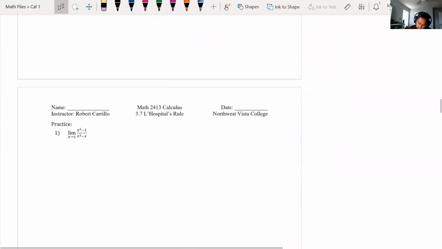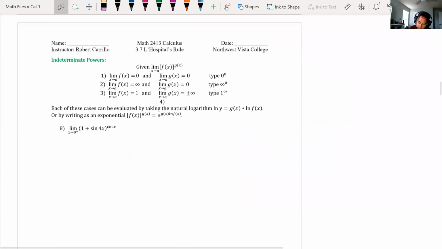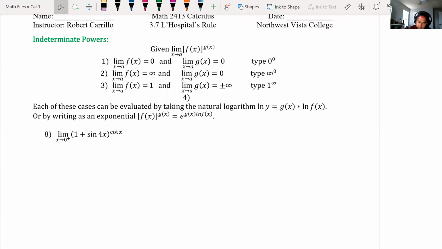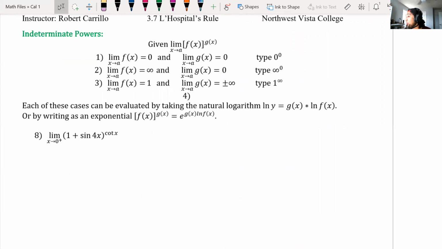Okay. And then one more form to look for. Indeterminate powers. So if the limit of f of x is 0 and the limit of g of x is 0, an indeterminate power is 0 to the 0th. 2, if the limit of f of x is infinity and g of x is 0, then infinity to the 0th is an indeterminate power.